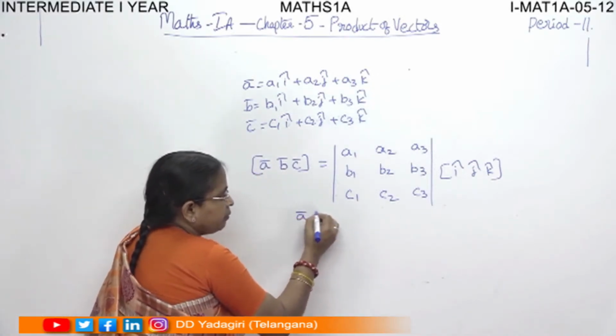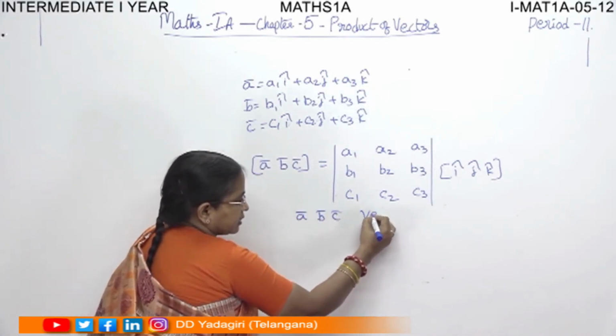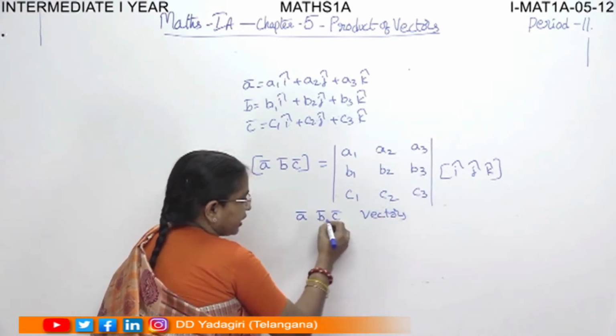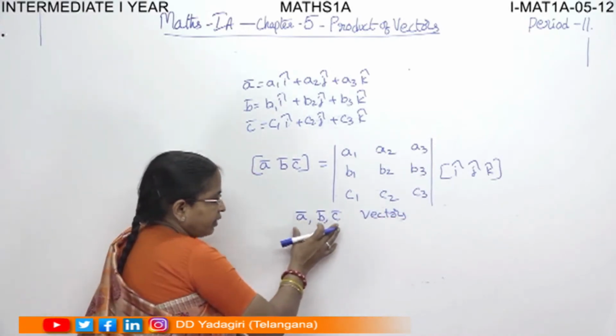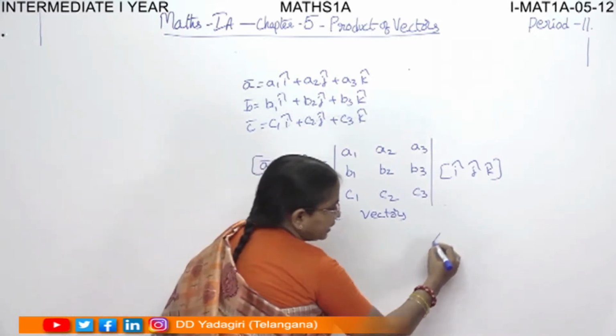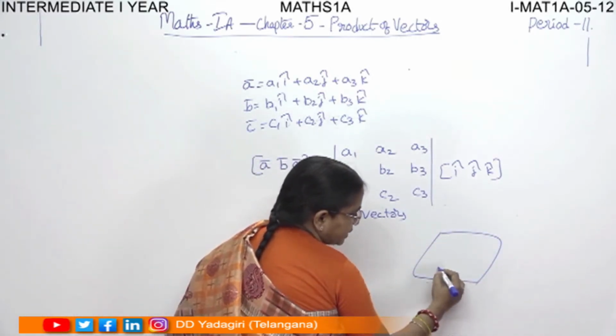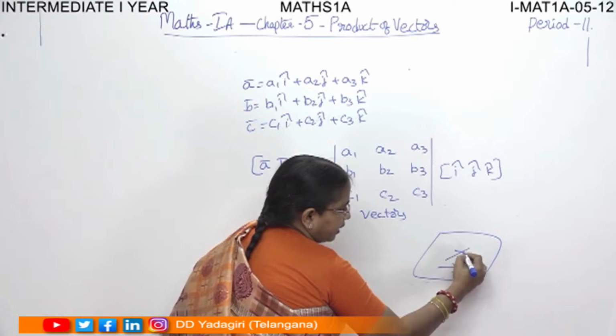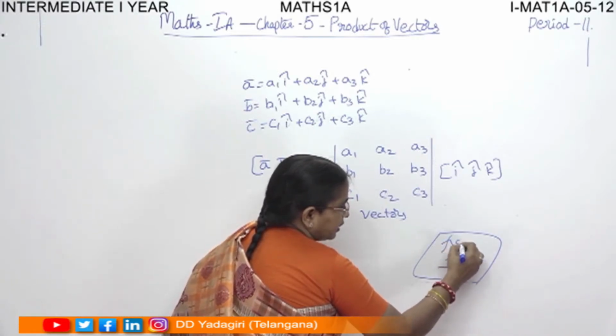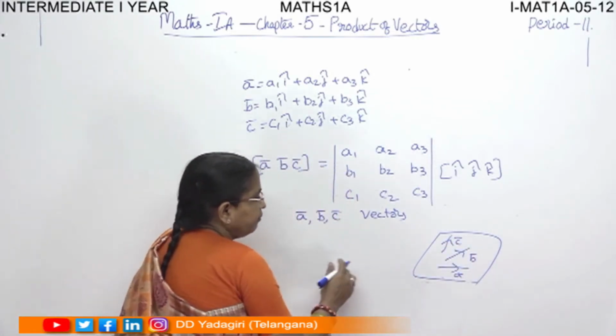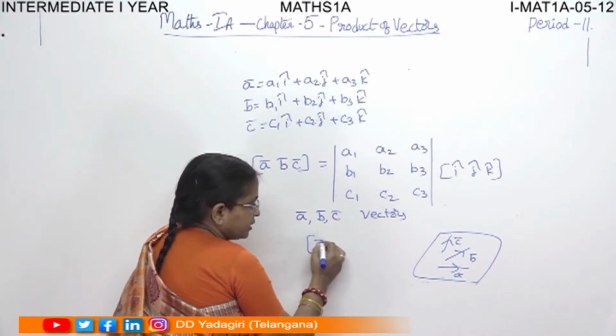Okay. Next we have a theorem. Suppose that A, B, C are 3 vectors. When they are coplanar, when they lie in the same plane, then their box product is 0.